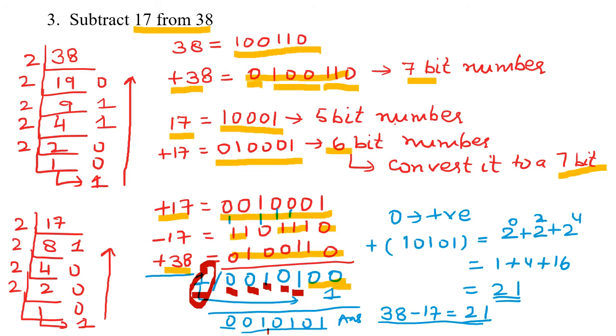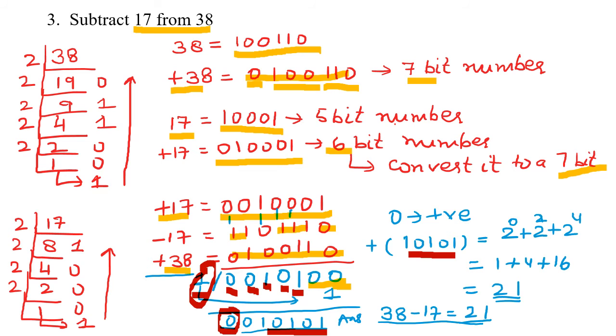So this is the final answer. To convert it into the equivalent decimal, we see the first bit is 0, indicating the result is positive. So you simply have to convert the binary to its equivalent decimal value.